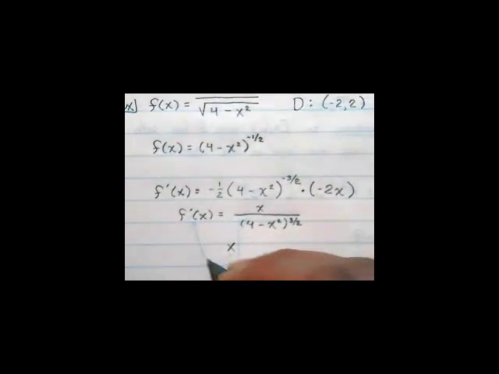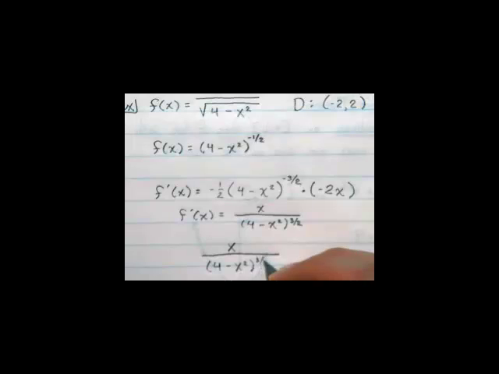So, now remember, what am I doing with this derivative? Set it equal to 0, right? We need to figure out what x makes this thing equal to 0. So if x over 4 minus x squared to 3 halves equals 0, there's only one number that's going to make that happen. 0, right?